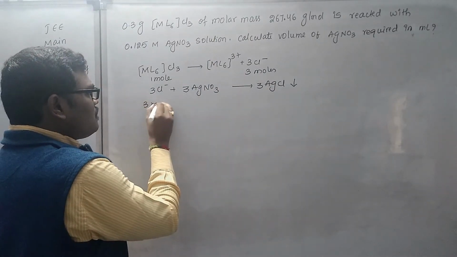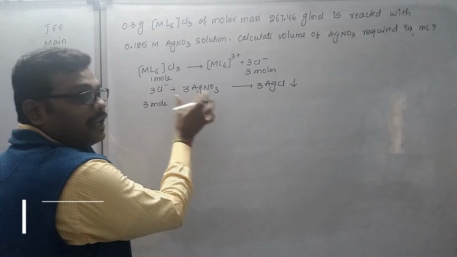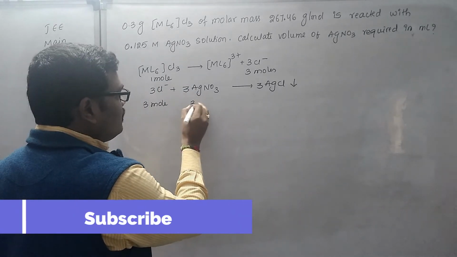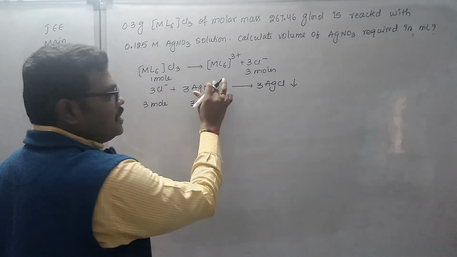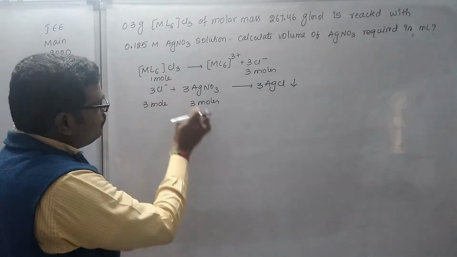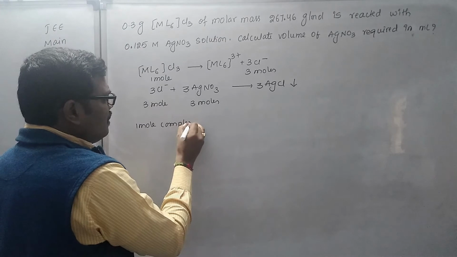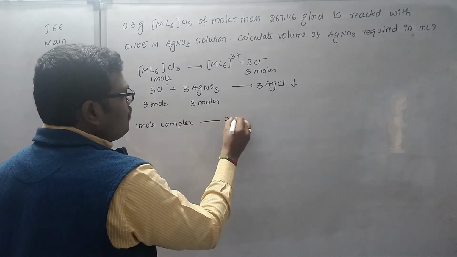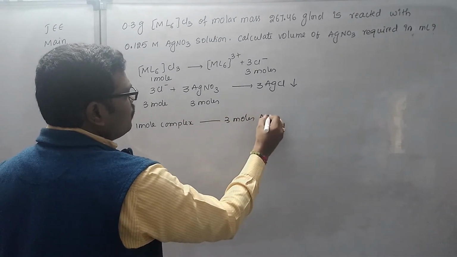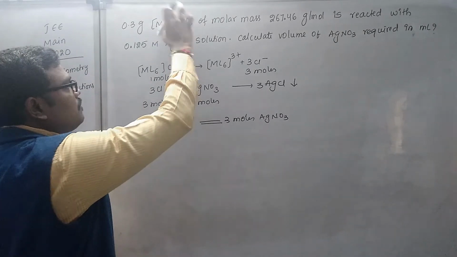Here 3 moles of Cl minus ions requires 3 moles of AgNO3. We try to relate these two. Here 1 mole complex salt requires 3 moles AgNO3 solution.